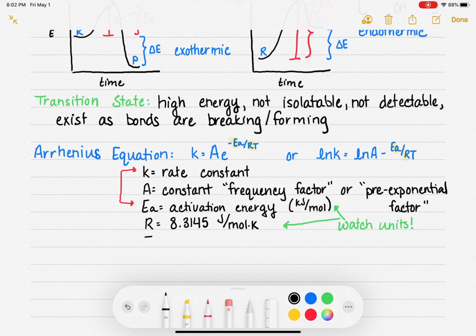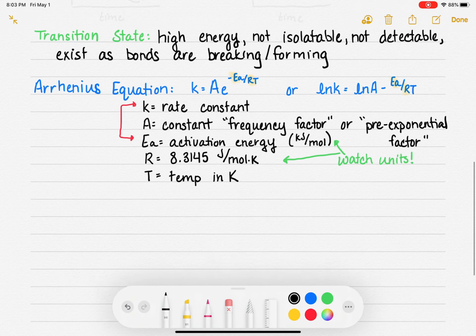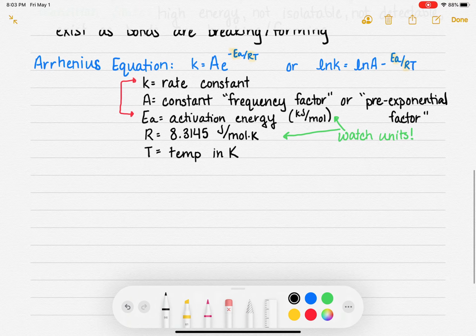And then last but not least, T is the temperature in Kelvin. For the most part, solving problems with the Arrhenius equation is really as simple as just plugging stuff into the equation.